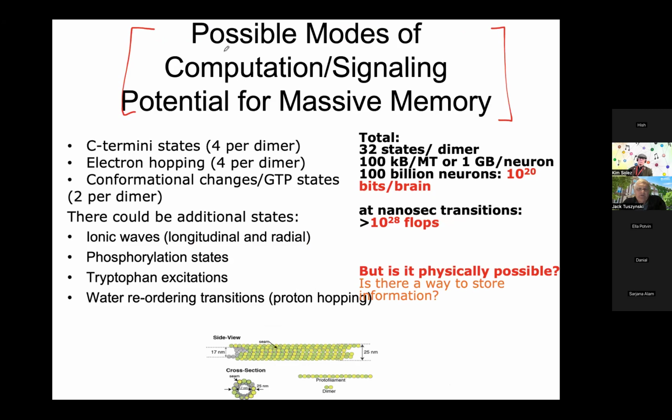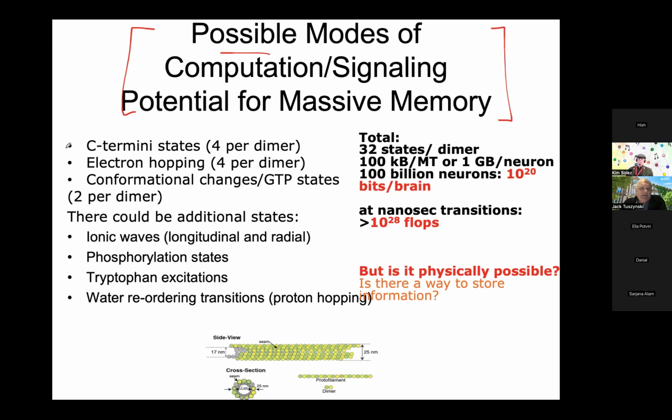First of all, if you just count something that we know, how many possible states each of these has, then you do the math and extrapolate to microtubules and how many microtubules a neuron will have, a few thousand, and how many neurons we have, 100 billion, you start getting some astronomical numbers of possibilities.